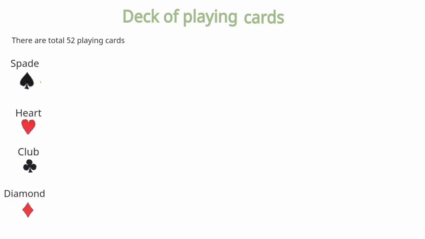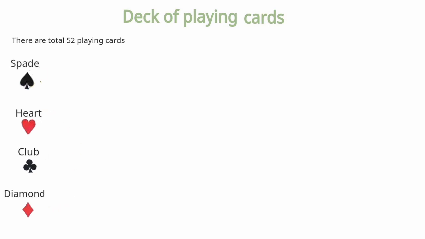In these 4, spade and clubs are called black cards. Hearts and diamonds, these two together we call red cards. So black cards means spade and club, red cards means heart and diamonds.